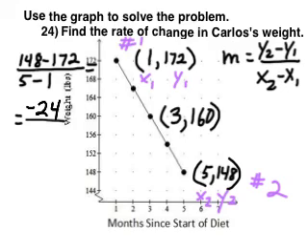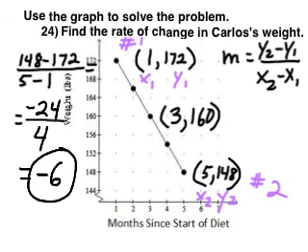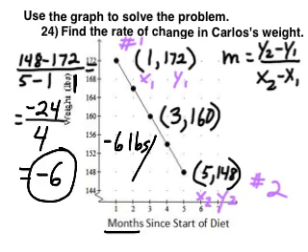Okay, and then in the bottom, 5 minus 1 is 4. So negative 24 divided by 4 is a negative 6. Okay, so a negative 6 what? Well, we're talking about pounds per month, right? So it's a negative 6 pounds per month.